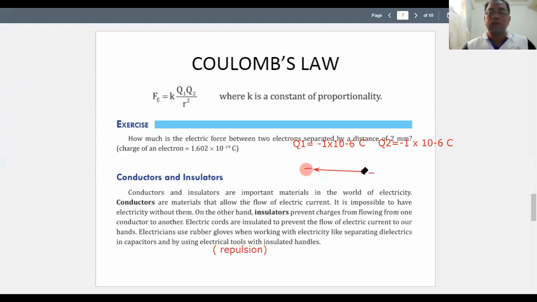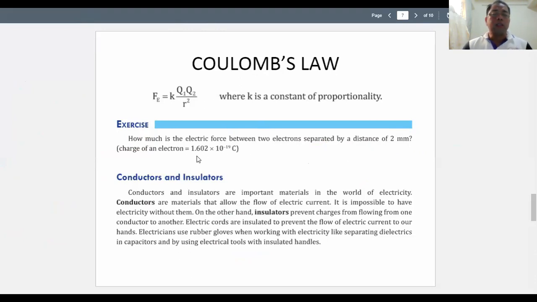Maybe you can apply it here: how much is the electric force that exists when separated by a distance of 2 millimeters? Written in meters, that's 2 times 10 to the negative 3, since milli is 10 to the minus 3. So you have to convert the distance in terms of meters.